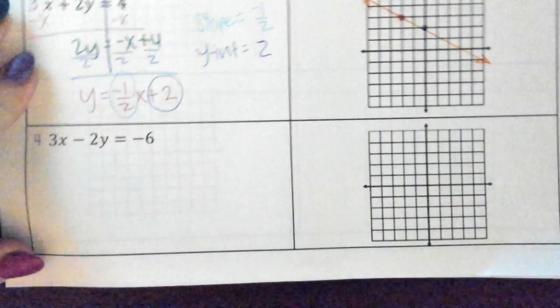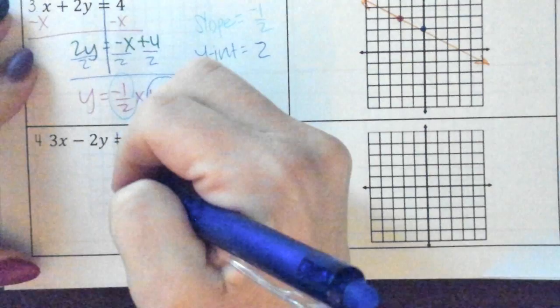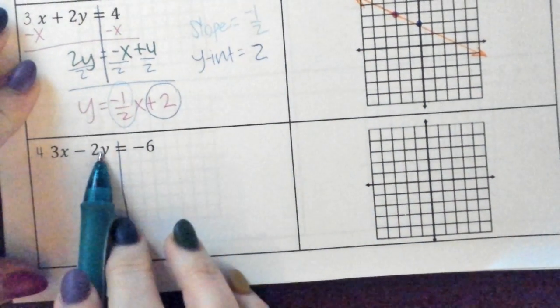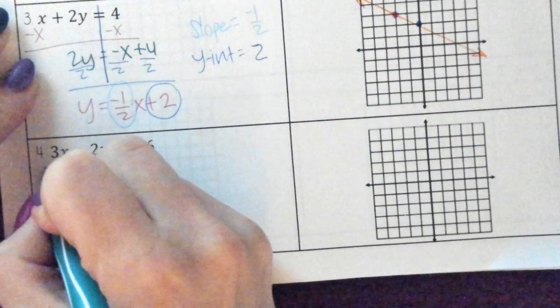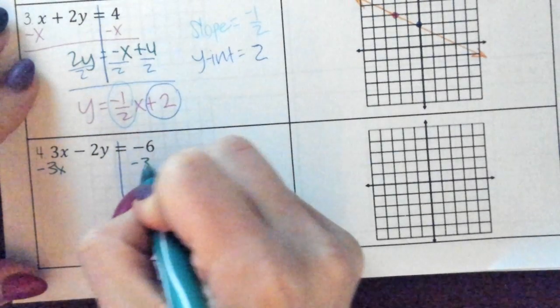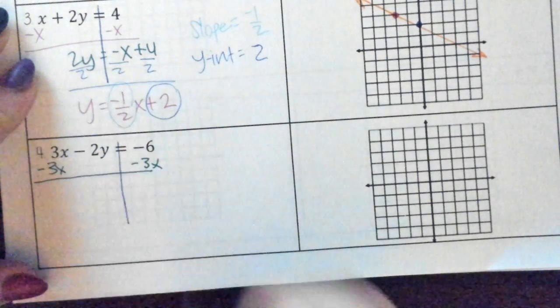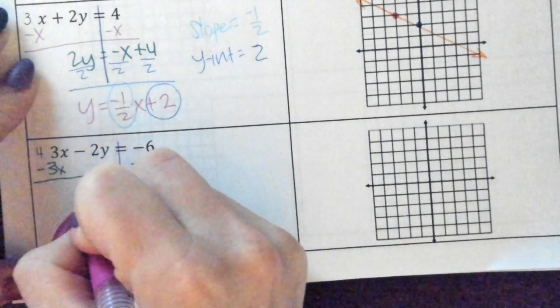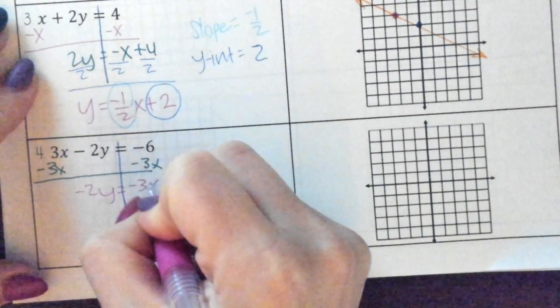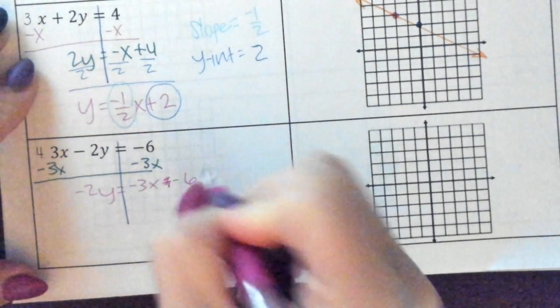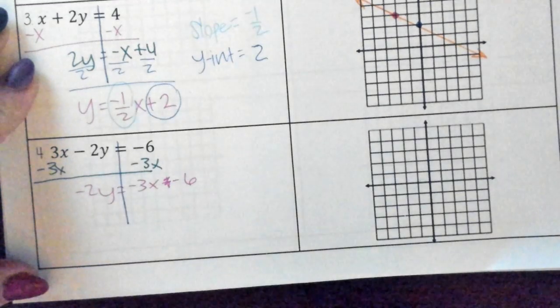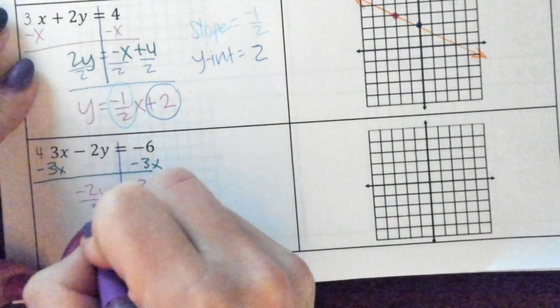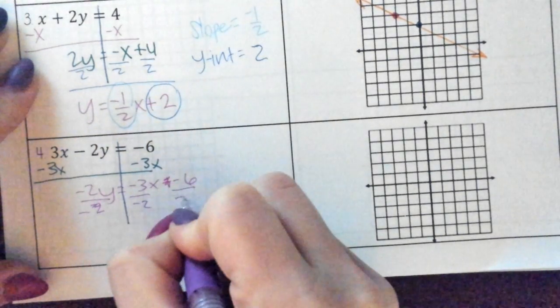That's it. So let's do this one again. We've got to get y by itself, so I'm going to move the x first, -3x on both sides. We get -2y equals -3x -6. Divide everything by -2.